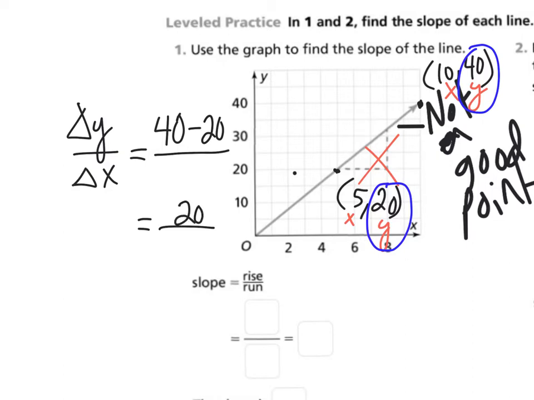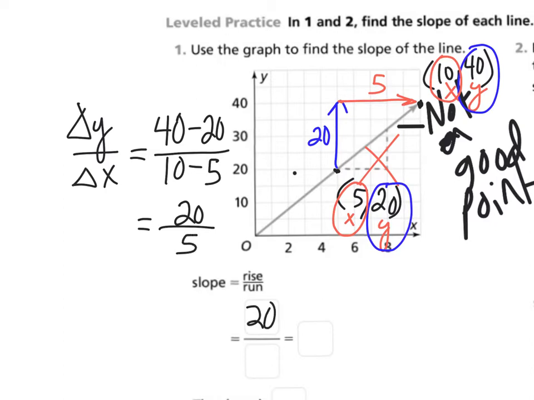And the change in x, if we look at our x values, we went from 5 to 10. Change in y is how far we went up, 20. Change in x is how far we're going over, from 5 to 10, so that would be a difference of 5. And again, we can get that by subtracting our x values. 10 minus 5 is 5.